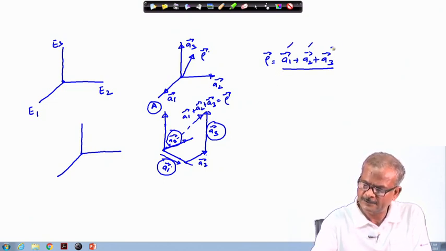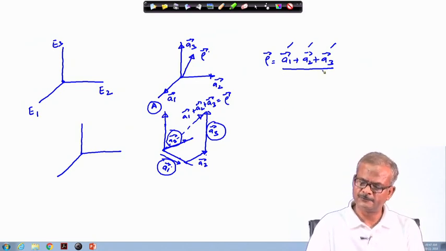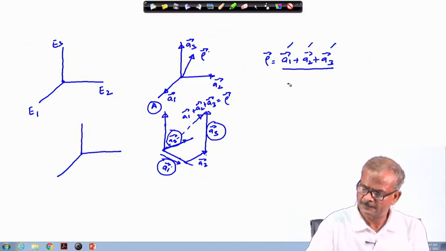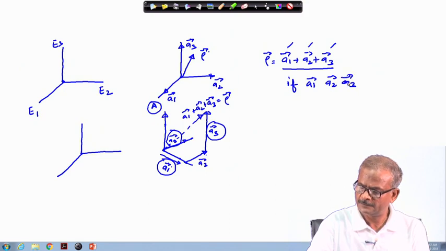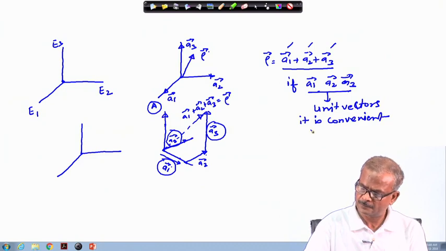Here A 1, A 2, A 3 they are not the unit vectors, but if we define A 1, A 2, A 3 to be the unit vectors, it is convenient to work with.